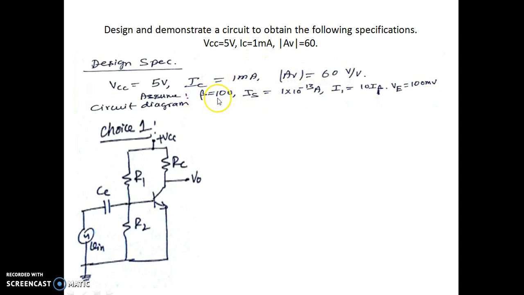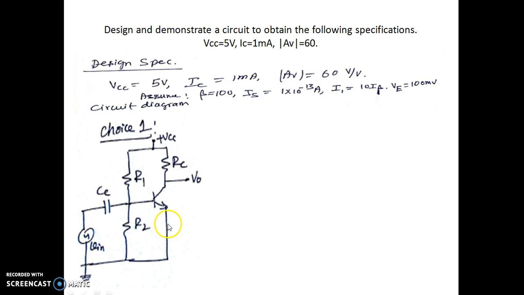With these assumptions, beta is 100 and the reverse saturation current of the transistor is 1 into 10 to the minus 13 ampere, and the current flowing through the divider is 10 times that of the base current. If you are using RE, you can assume a drop of 100 millivolt, otherwise you can neglect it. Of course we can get this gain of 60 in many different ways.